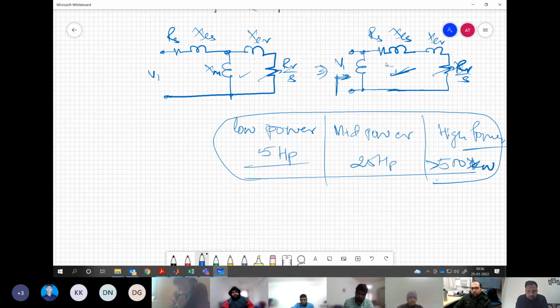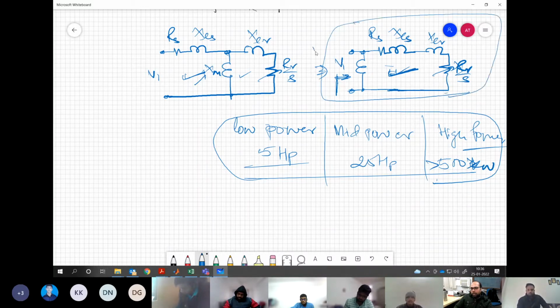So we need to know where we can apply the approximation and where we cannot. You understood this point? Now we are going to use this approximate circuit to come up with the torque slip characteristic and all these things.